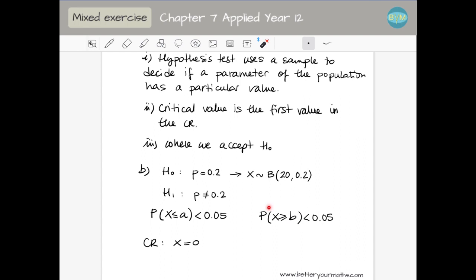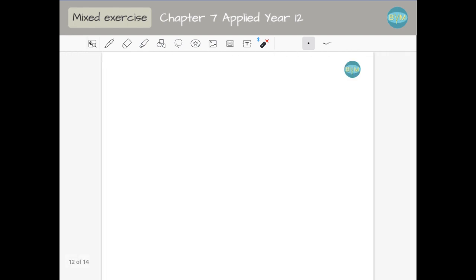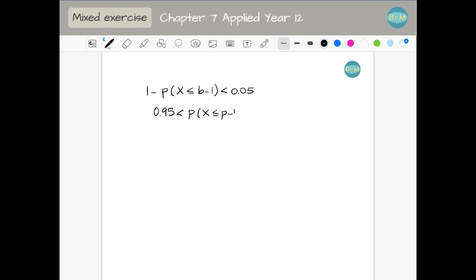And then for this part of the critical region, I don't have this in the calculator or the table, so I have to rewrite my question. I'm going to write 1 minus probability of X being smaller or equal than b minus 1, and this must be smaller than 0.05. If we reorganize this, we have 1 minus 0.05 is 0.95, smaller than probability of X smaller or equal than b minus 1.